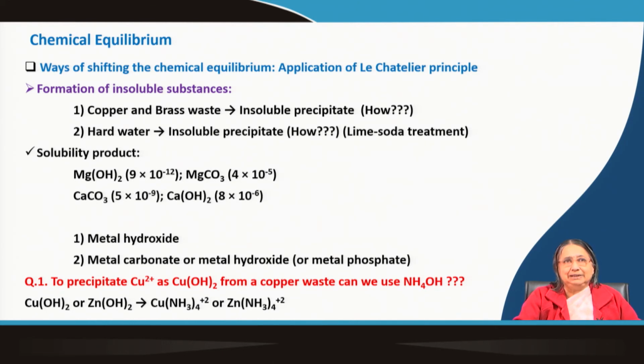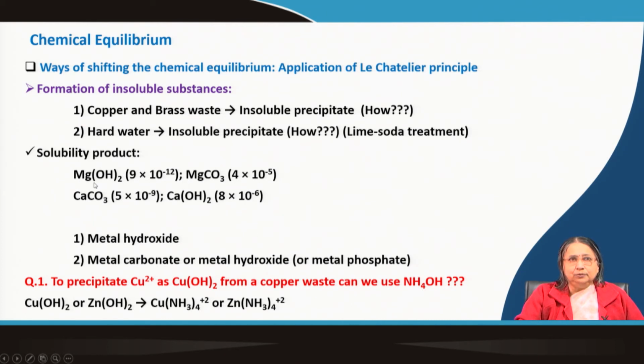So, what is the precipitate that we should form? We have seen that hydroxide we have formed. In case of hard water, we have to form either the carbonate as precipitate or the hydroxide as the precipitate. Now, here we have to see which one is more insoluble.